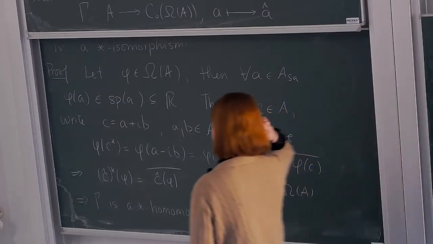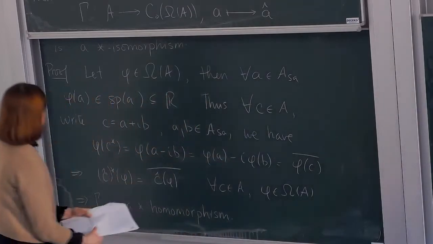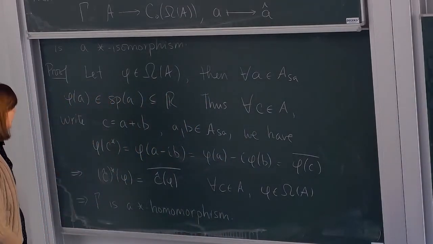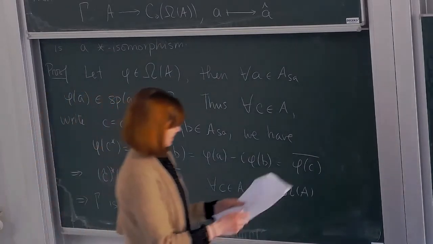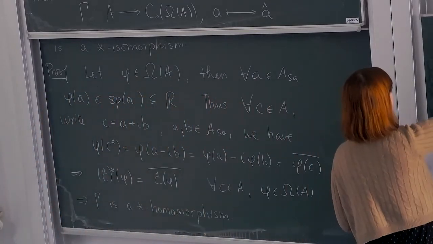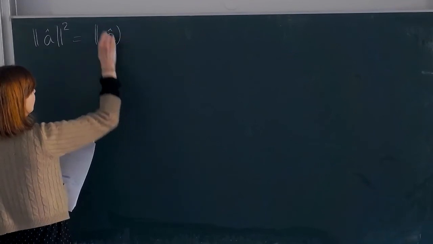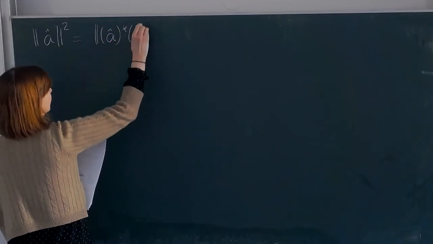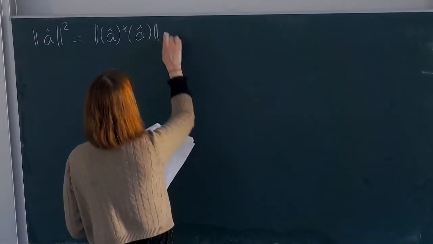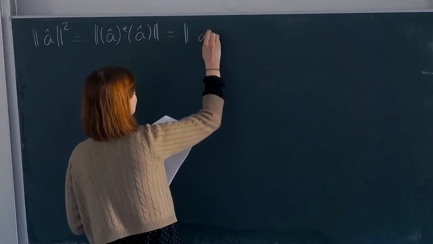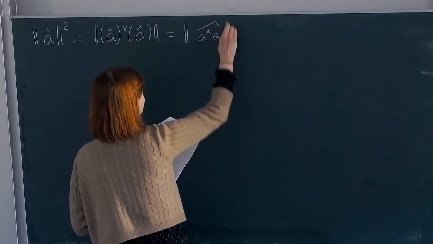So knowing that phi of A is in the spectrum, and that this is a star homomorphism, we can find out what the norm of this is. Using the C-star identity, that's the norm of A hat star A hat, which is the same as the norm of A star A hat.